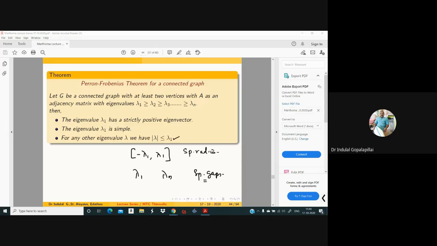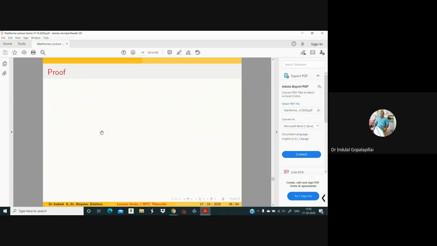We have lambda 1 is the greatest eigenvalue. So we know that there is an eigenvector corresponding to lambda 1. Let y equal to y1, y2, etc., yn be an eigenvector corresponding to lambda 1.